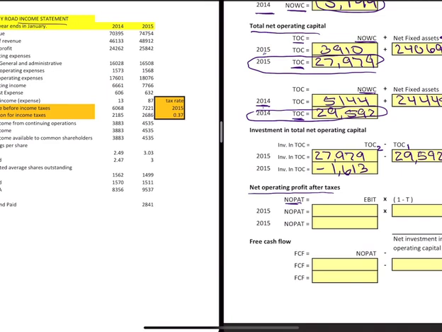So for this example, our EBIT, we're going to come to our operating income. So this is our EBIT. This is the earnings before interest and taxes. So for 2015, which is the only one we need, is 7,766.